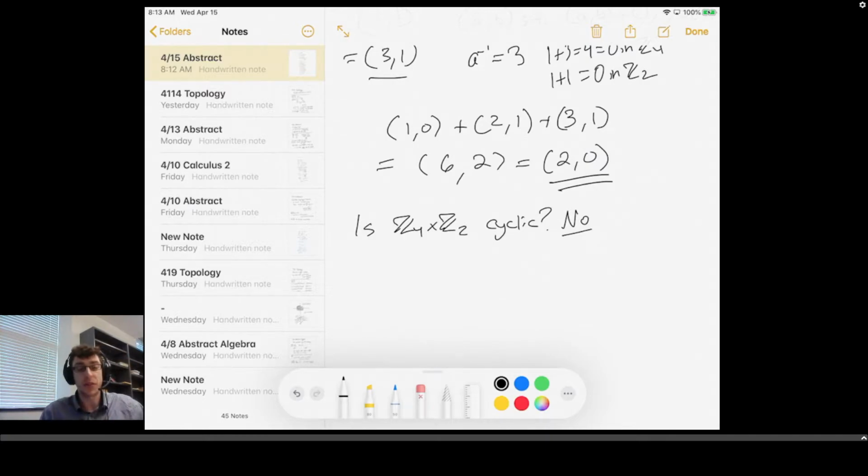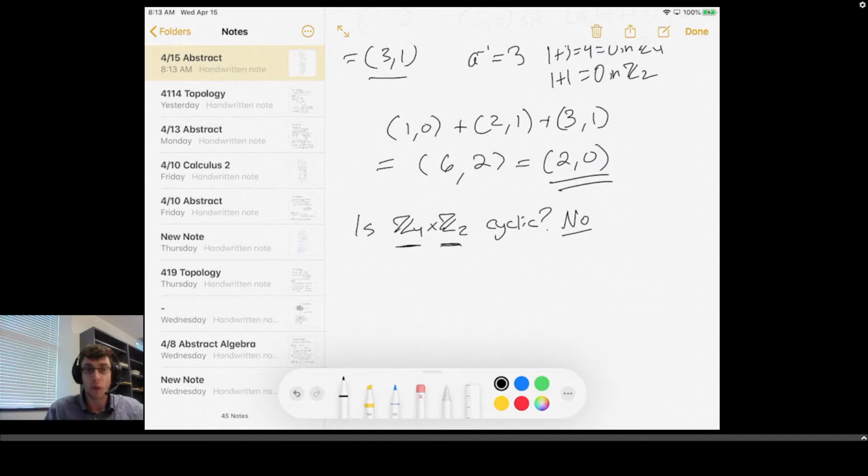One way to think of this, so remember back when we talked about S4 not having any elements of order 8, right? We looked at the cycle type and stuff. And the issue was that the length of the cycle could be no greater than 4, and no matter what you did with the LCM, you were kind of screwed. Well, think about it here. Anything to the 4th power, or I guess 4 times anything since we're doing addition, is going to be 0 in both, right?